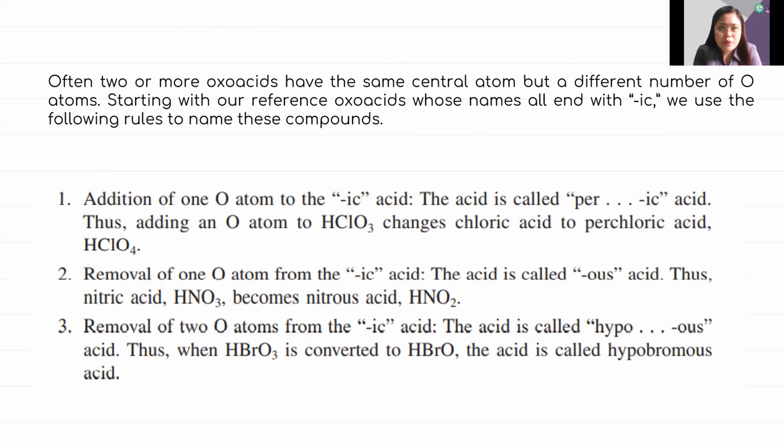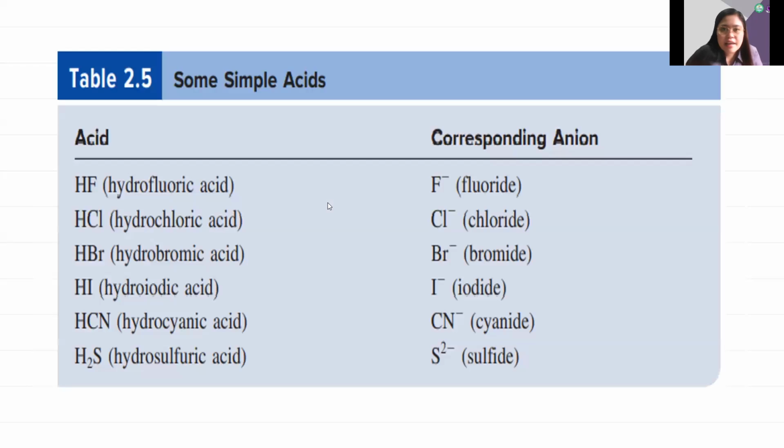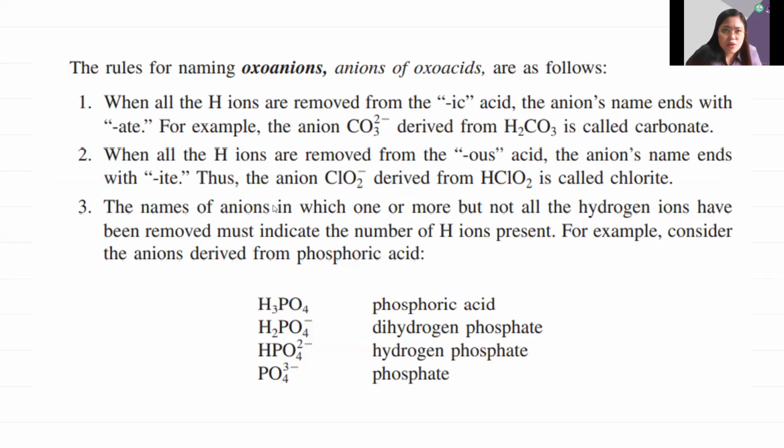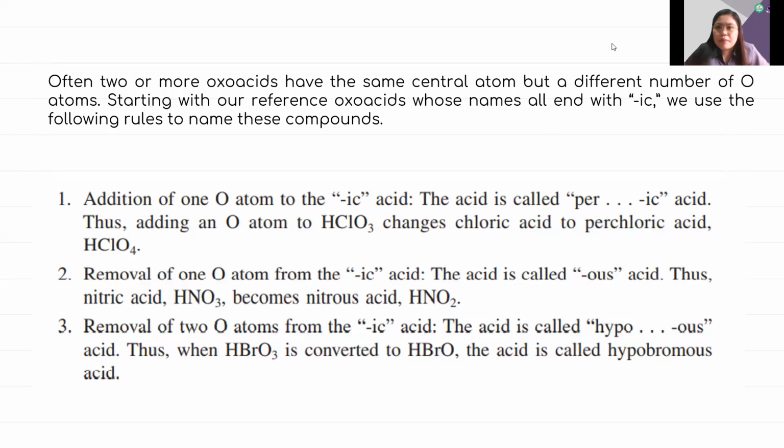So, starting with our reference oxoacids whose names all end with IC, we use the following rules to name these compounds. This is how we name the oxoacids class.